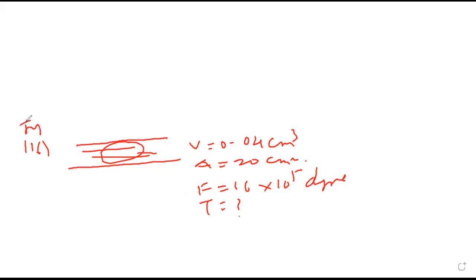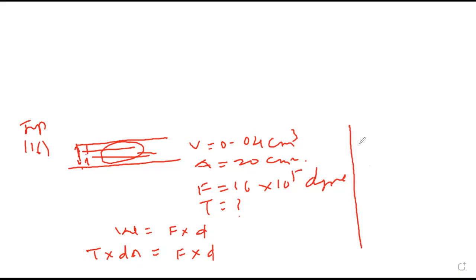Again, an important sum. When we are separating this, first it was bound by cohesive forces from both sides. So when you pull, there will be work done, which is force into displacement. Work done is T into change in area, equal to force into displacement. Therefore T equals force into displacement upon change in area, which is from top and bottom, that is 2A.